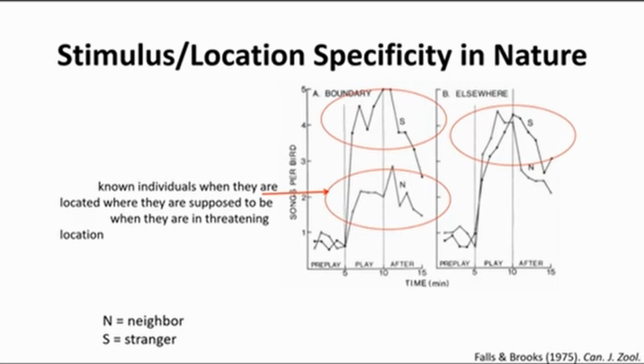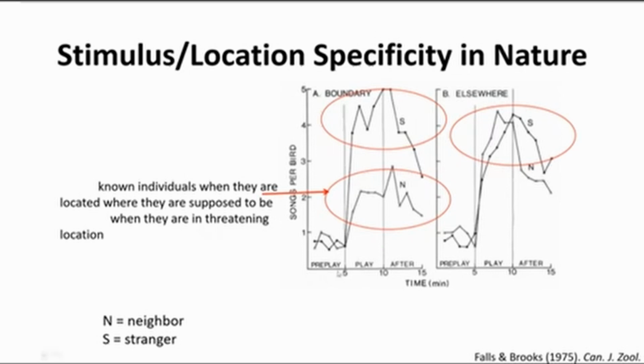All right, so these graphs are a little bit of a mess here. Let's start by breaking down the first of these graphs. On this axis, we have number of songs produced per bird. So they're looking at how many vocalizations the bird of interest, the guy whose territory it is, is producing per unit time.